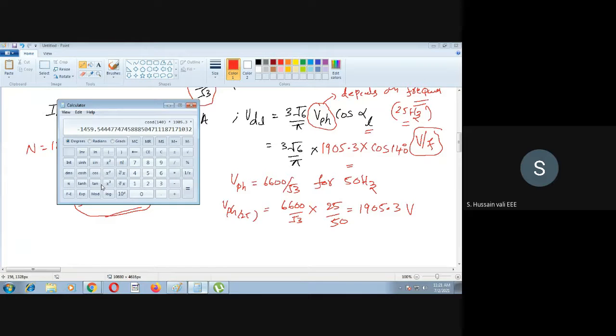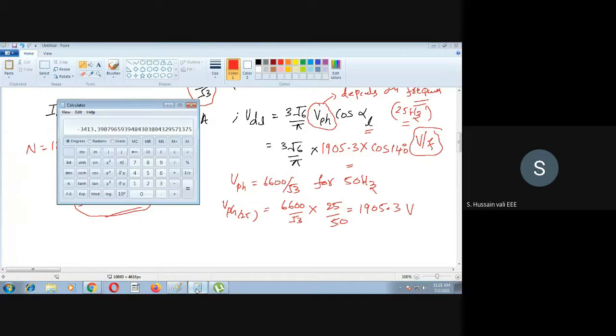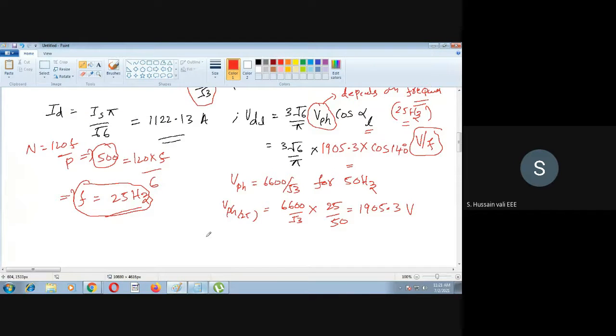You multiply with 3, with 1.414 into 1.732, divided by pi. We get 3413. Whatever the answer we got, we'll write directly: minus 3413.39. But we'll take only the magnitude because we have already included the sign in the equation. So 3413.39 is VDL. Now we got the answer for VDL.